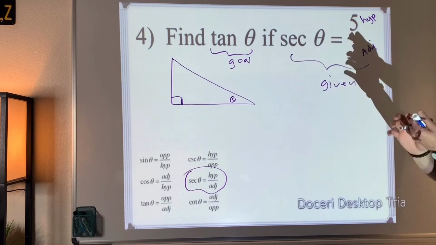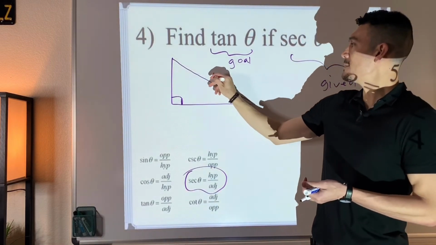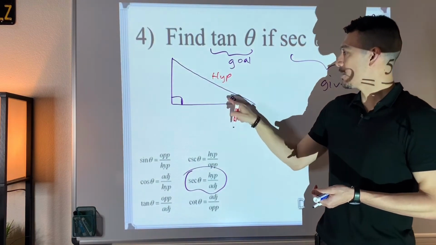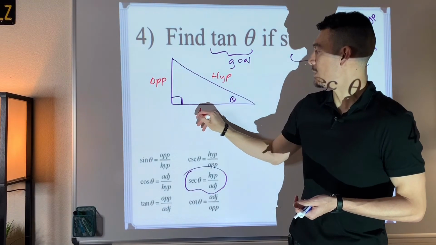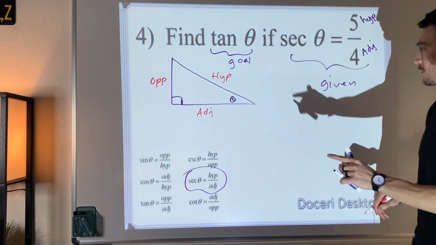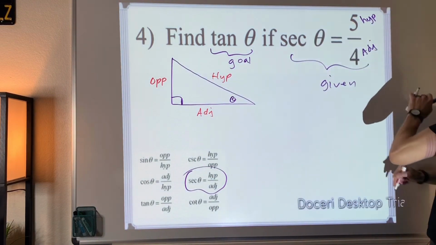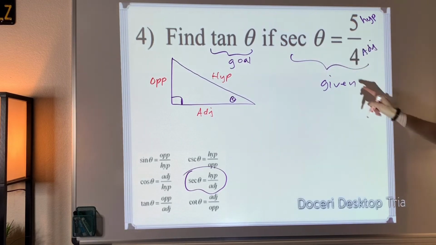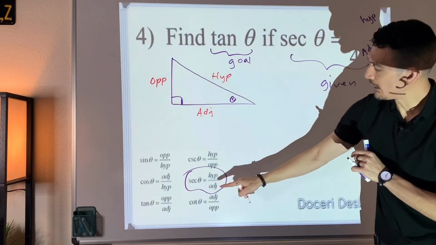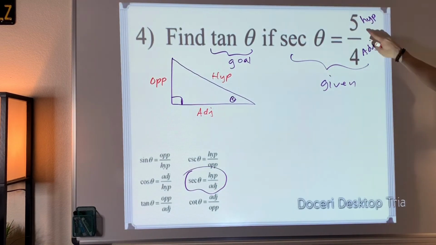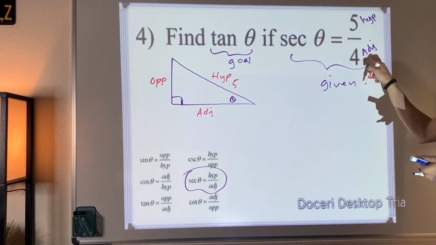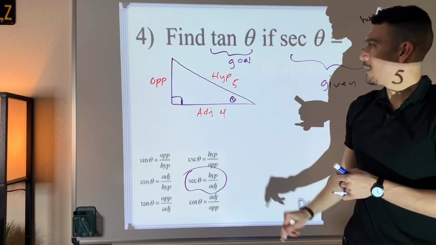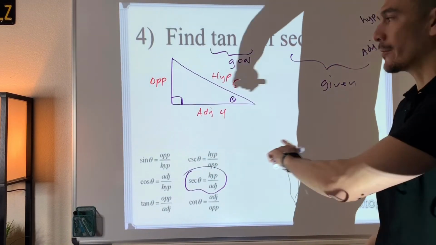So maybe we can label this first. We know that this is the hypotenuse. And across from you is opposite. This is your adjacent. Now, what was given to us? This piece here. Secant of theta was given to us. Secant of theta is hypotenuse over adjacent. So the hypotenuse is 5. The adjacent is 4.